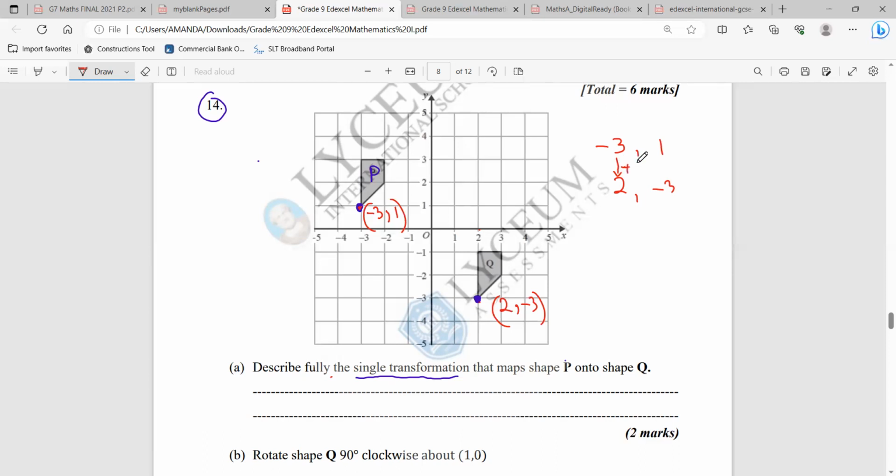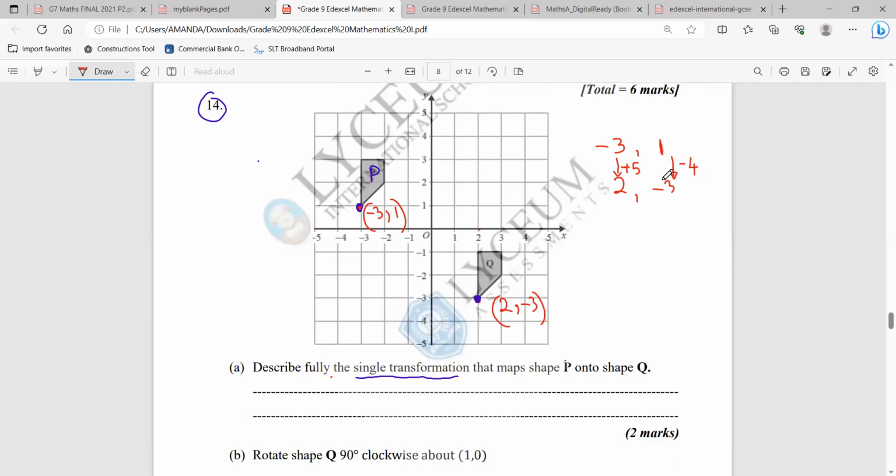And the y coordinate has reduced. It has come down from 1 to -3, so this is a -4 movement. 1 minus 4 is -3.